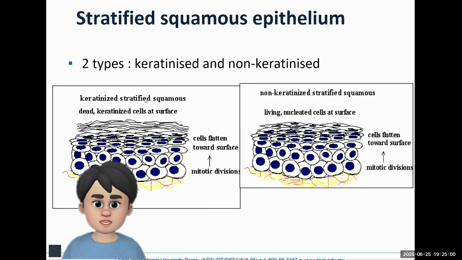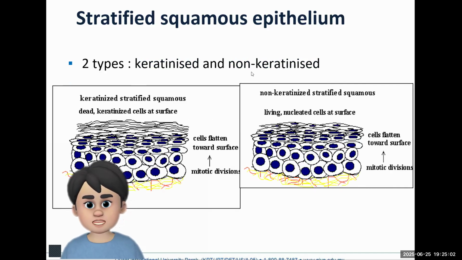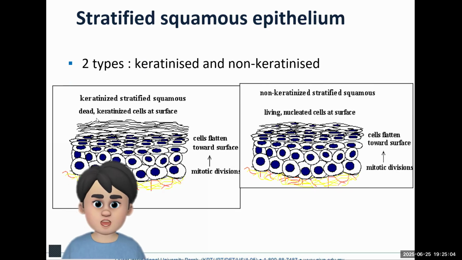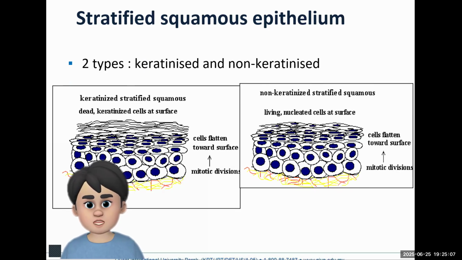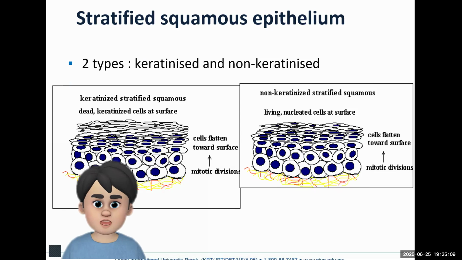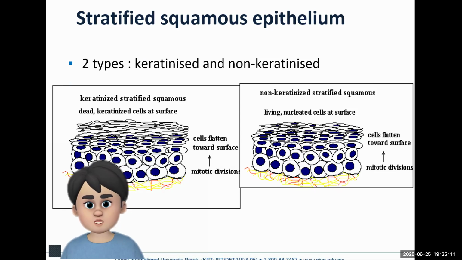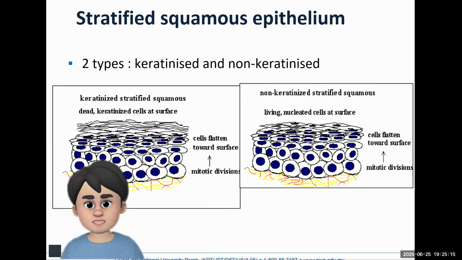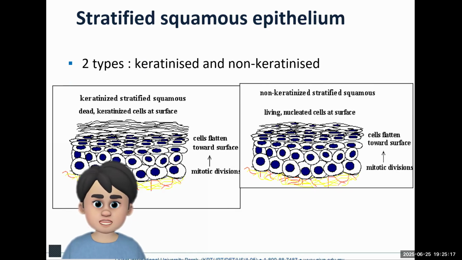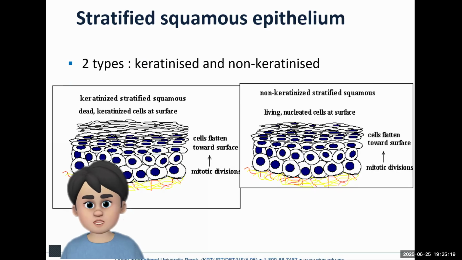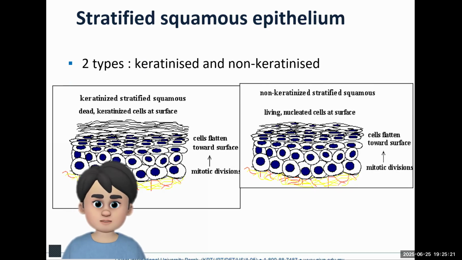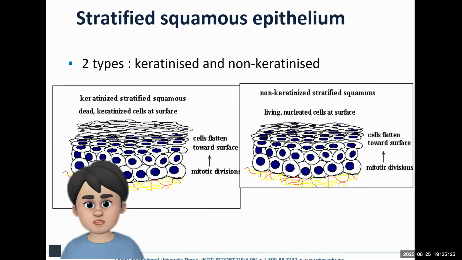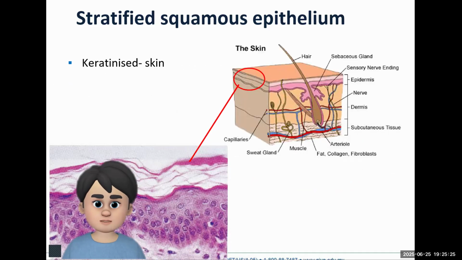So stratified epithelium: keratinized and non-keratinized. Keratinized epithelium has dead keratinized cells at the surface. So it is dead, but the bottom layers are functioning. When it comes to the top cell layer, what you see here is a dead cell layer. Non-keratinized means living nucleated cells at the surface. You have to know the difference: fully keratinized cells are dead.